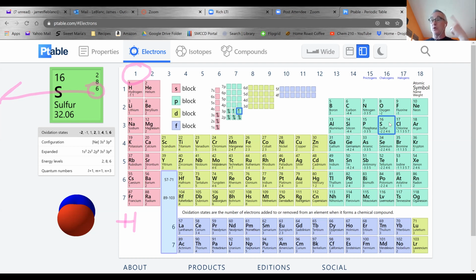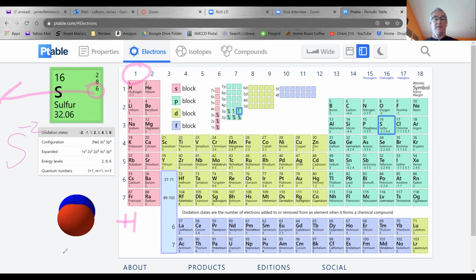They have fewer electrons in their outermost shell, so they're easier to get rid of. Sulfur needs only to steal 2 more electrons and it achieves stability. So when sulfur steals 2 electrons, it now has 2 more electrons than protons. So what's going to be the charge on sulfur? -2. That's right. So sulfur is going to have a -2 charge.